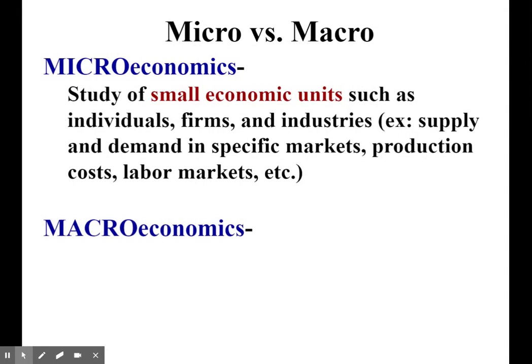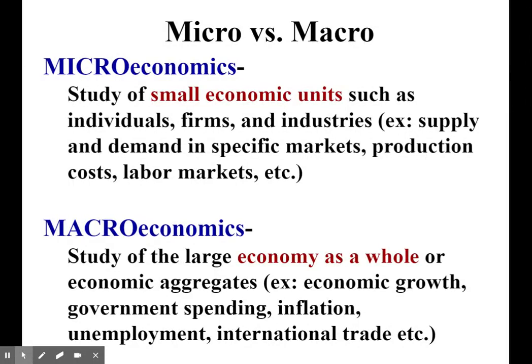On the flip side, macroeconomics is the study of large economies as a whole. So looking at economic aggregates. So taking the sum total of everything that is involved in microeconomics and blowing it up and looking at it on a big scale.